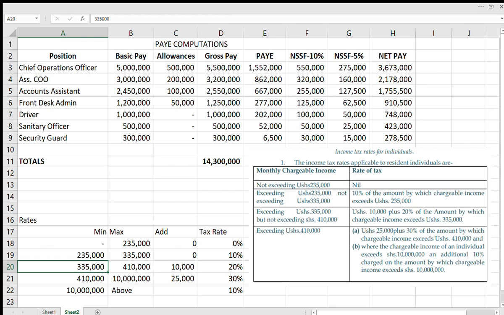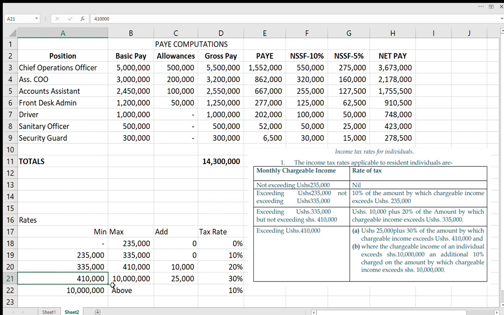So it means here that the other range was the last range, section A, where we shall add 25,000 shillings plus 30% of any amount that goes beyond 410,000 shillings.